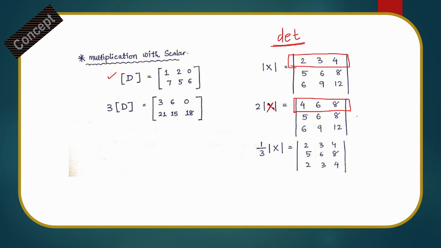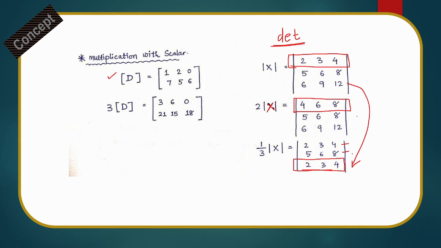But in the case of a matrix, it is multiplied with all the elements. Similarly, if you want to find 1 by 3 x, here the last row is divided. This row is divided, and the other two rows remain as they are.